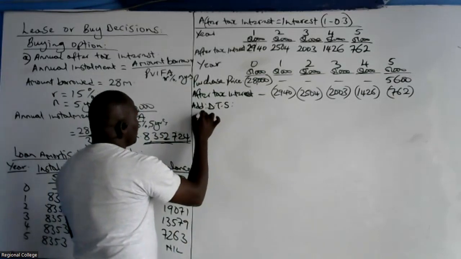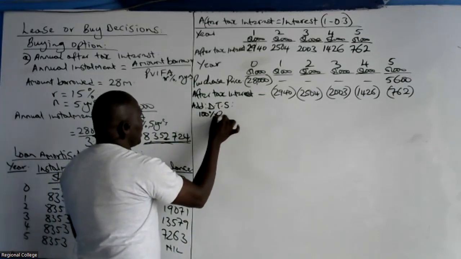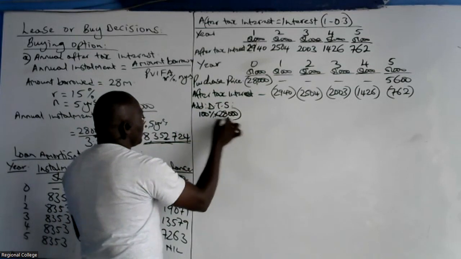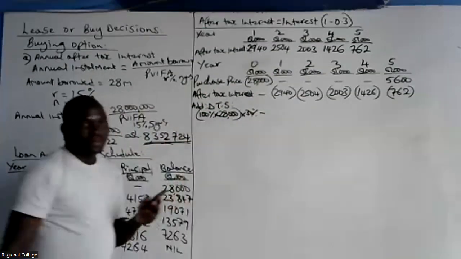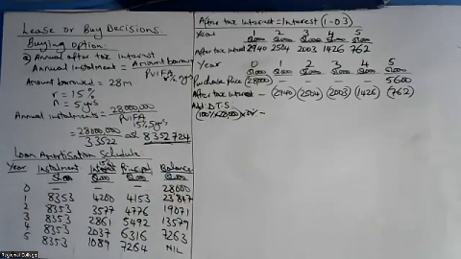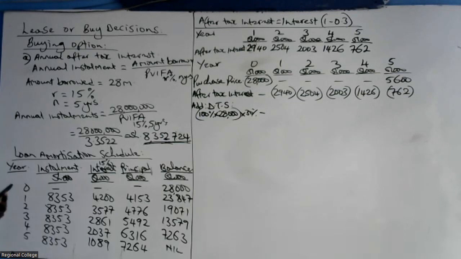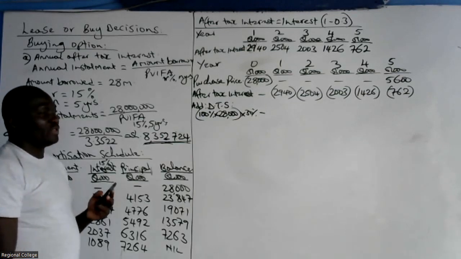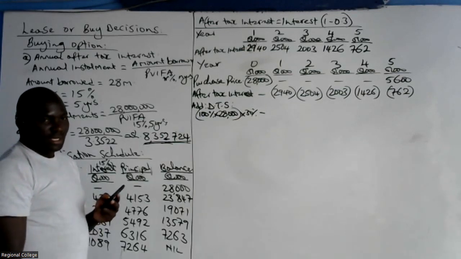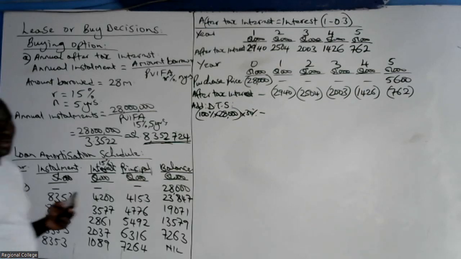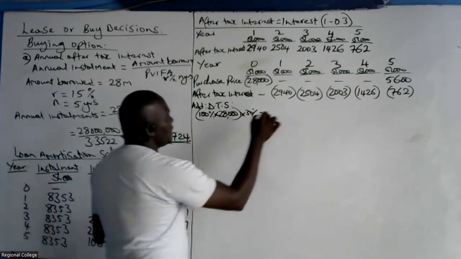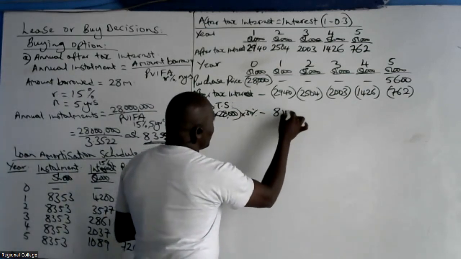So you can have 100% of 28,000 times tax, which is 30%, right? Tax on depreciation. So it's 30% of 28,000, sorry, 8,400. That's what I'm saying, year 1.